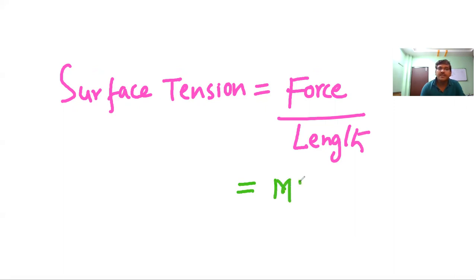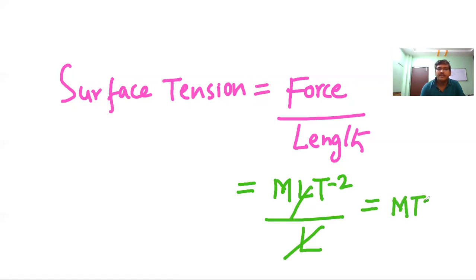Mass into acceleration, M L T to the power of -2. Length is L, so L and L go out. It becomes M T to the power of -2. This is the dimension formula of the surface tension. So it is very simple: if you remember previous quantities, you can easily substitute and get the other quantity.